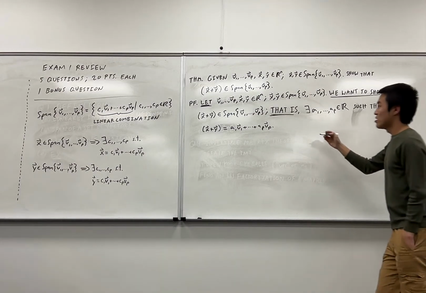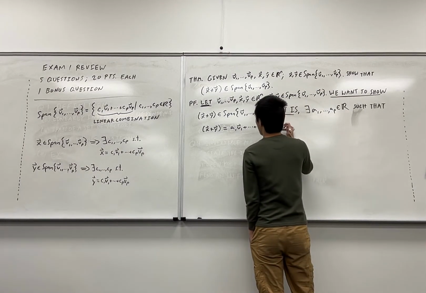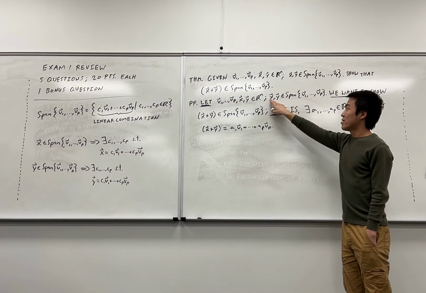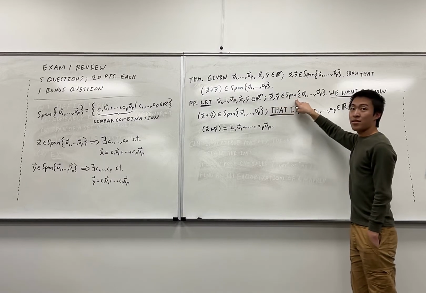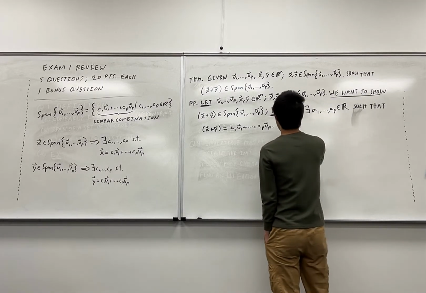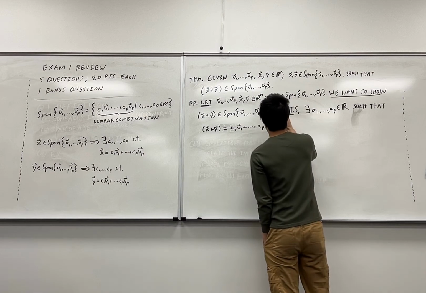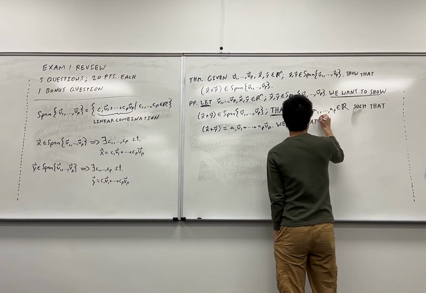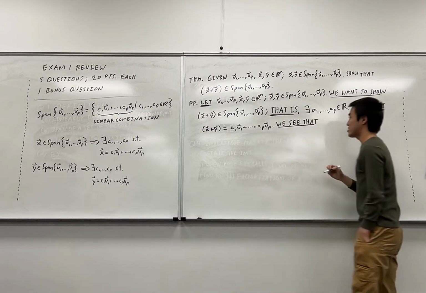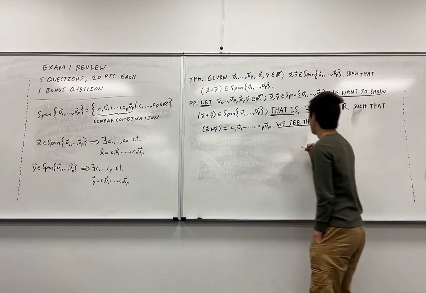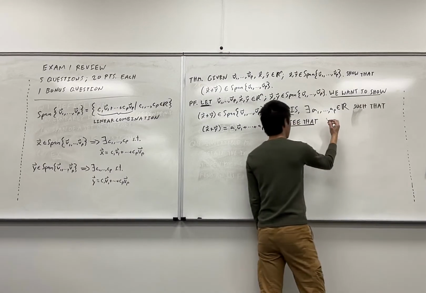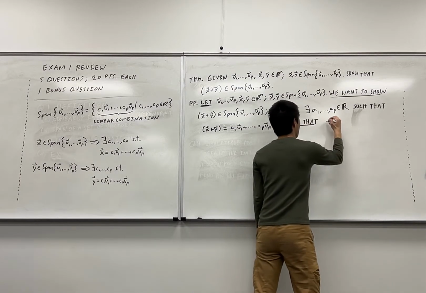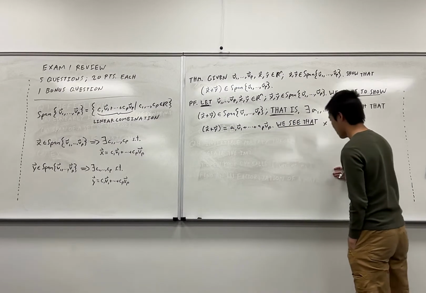Okay? So now let's actually look at what we got. We've stated up here that x and y are in the span. So now we are going to do some observing. Here's our connector: we see that x and y are in the span as well.